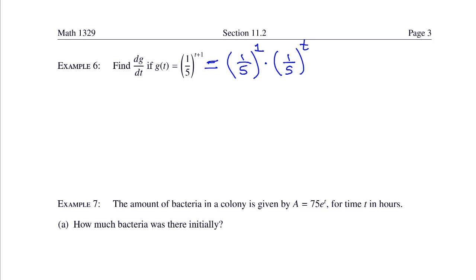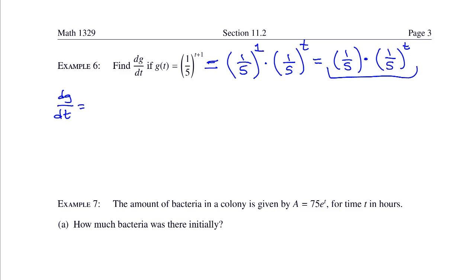Now, this is just 1/5 times 1/5 to the t. To find dg dt, we're going to take the derivative of this.